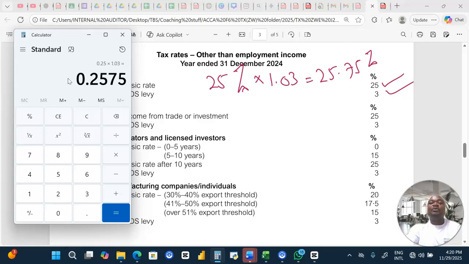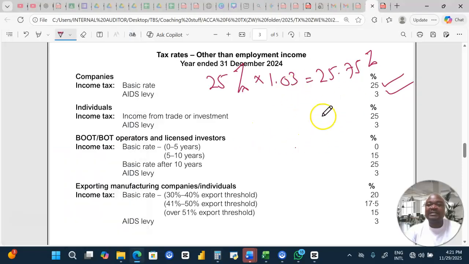We still come to 25.75%. That's 0.2575, that's 25.75%. So it's just the same thing, isn't it? Great. Anyway, I did that so that we understand where we are coming from. So that's why we are using the 25.75% in our computation.